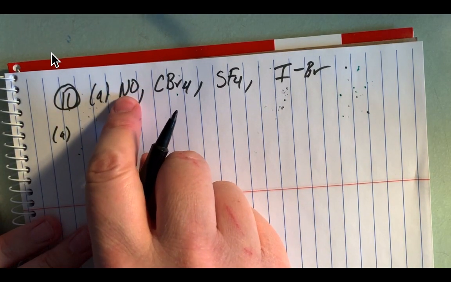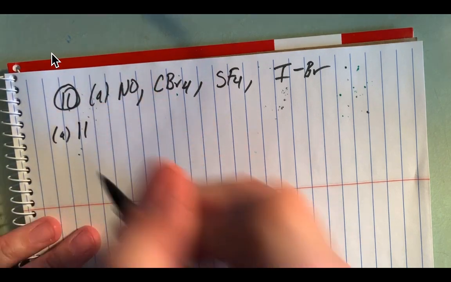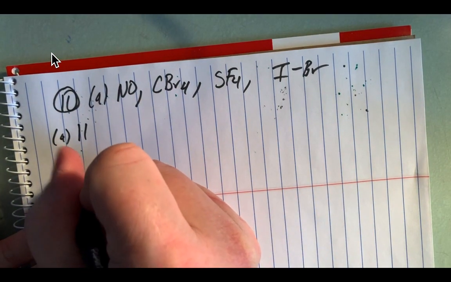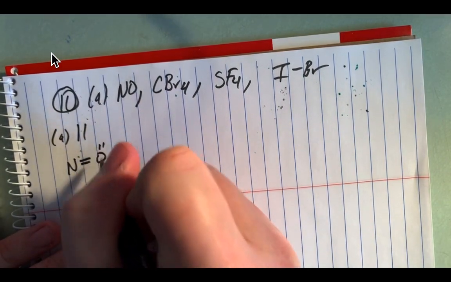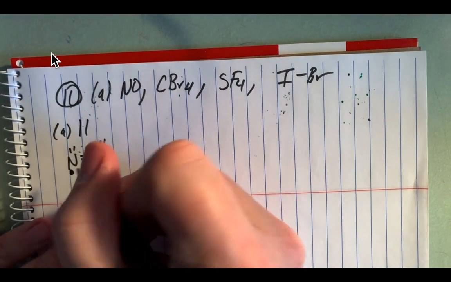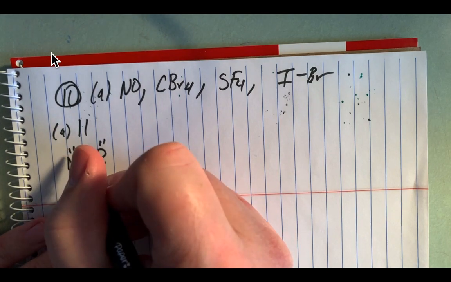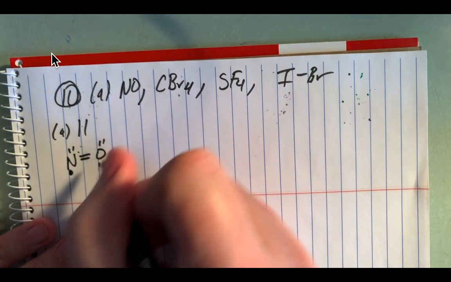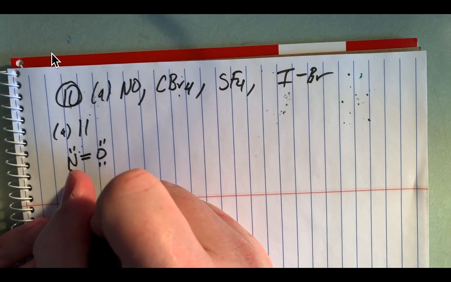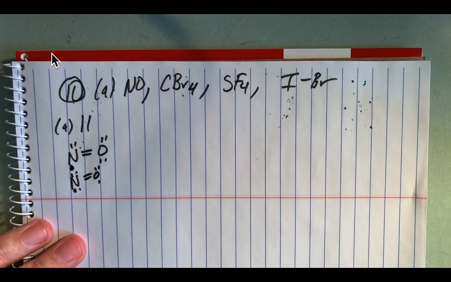So for nitrogen, we have 5 valence electrons. For oxygen, we have 6, and that's a total of 11 valence electrons. It ends up we can either have a Lewis structure that looks like this, and oxygen is happy, but nitrogen has 1, 2, 3, 4, 5, 6, 7. Or flip that around and make nitrogen happy and make oxygen unhappy.